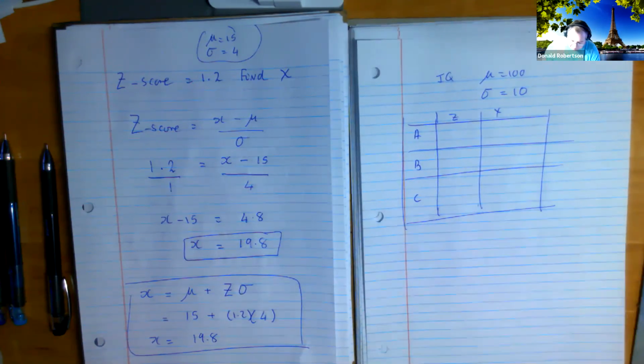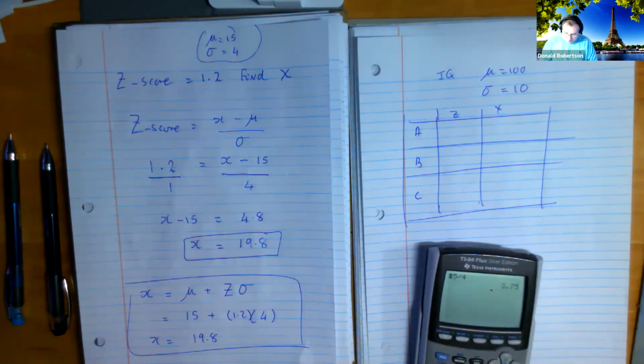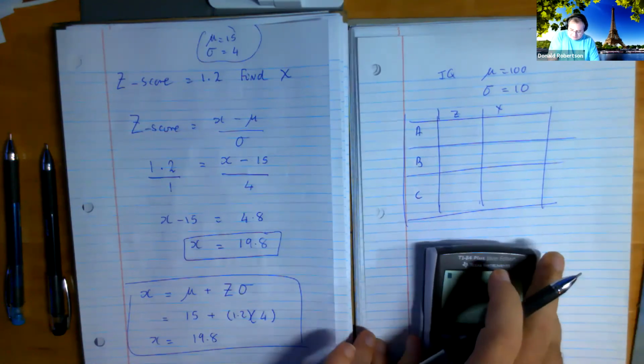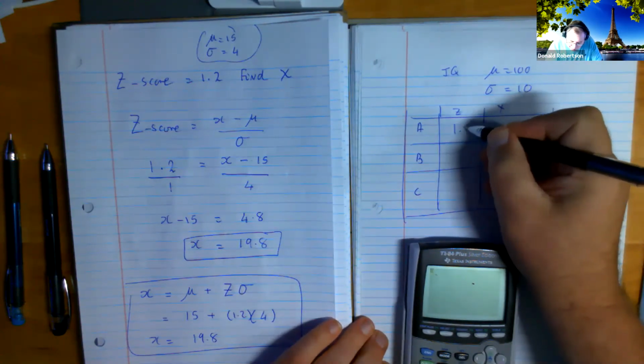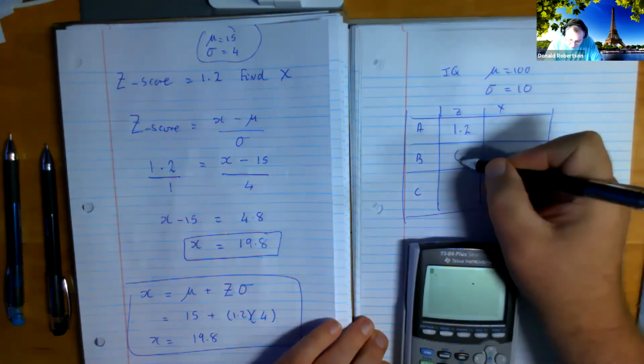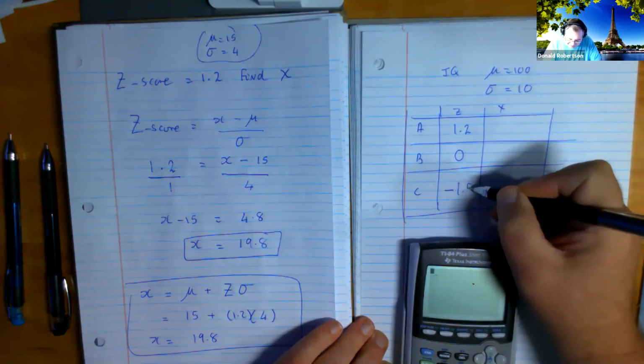But we should be able to calculate what their real IQ was. So, a Z-score of 1.2, a Z-score of 0, and a Z-score of negative 1.5.